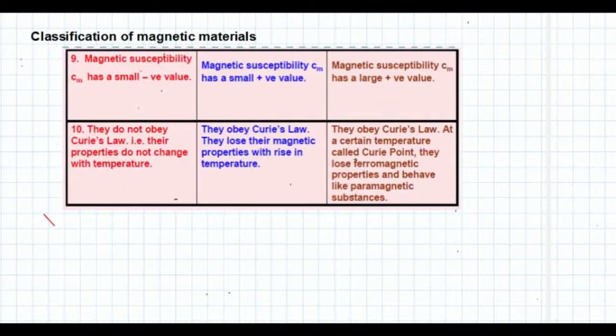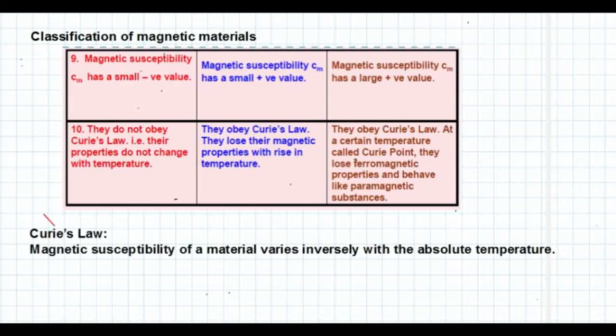Next is magnetic susceptibility. Magnetic susceptibility for a diamagnetic material is small and negative, for a paramagnetic material it is small and positive, and for a ferromagnetic material it has a large positive value.